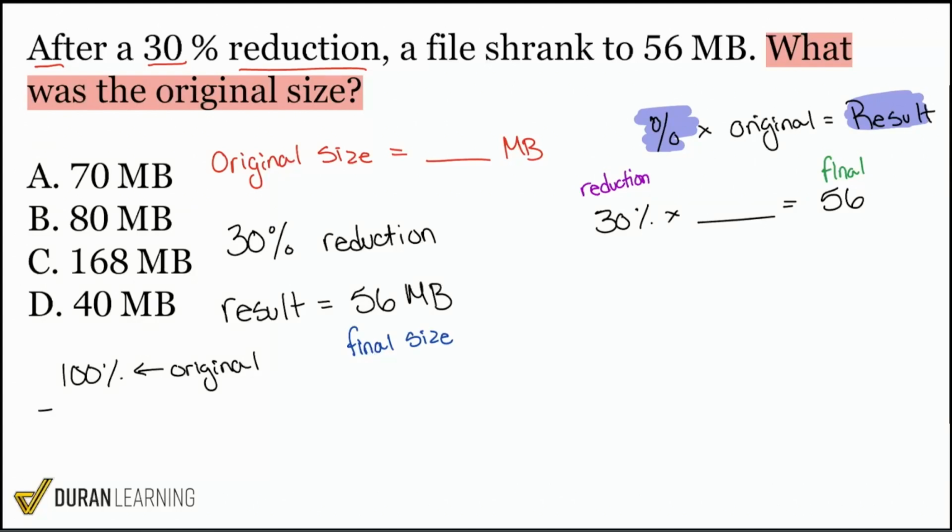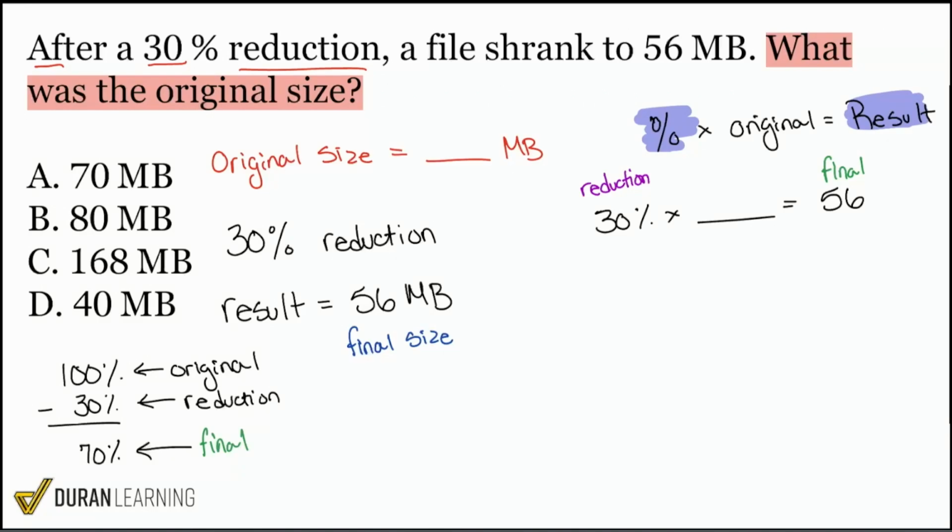So let's subtract 30% because that's the reduction. When I do that subtraction, I get a result of 70%. So the result is 70% of the original size. This represents the final. The final is 70% of that original amount.